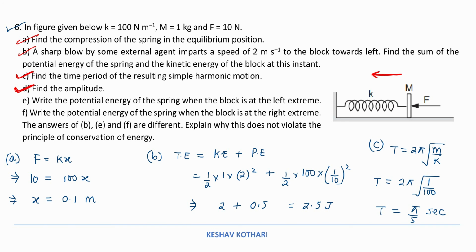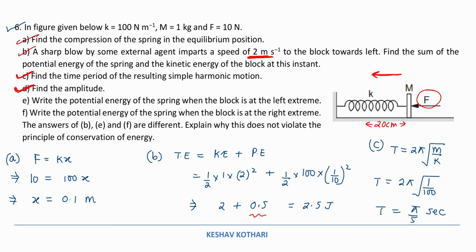So there will be an impulse energy which will be converted into spring energy. The applied force is producing a displacement equal to 20 centimeter, which is the amplitude we have calculated, and then there is some initial spring potential energy already stored in the system, which is 0.5 joule, which we have already calculated. So all of them will combine together to be stored in the form of potential energy of the spring when the block is at the left extreme.